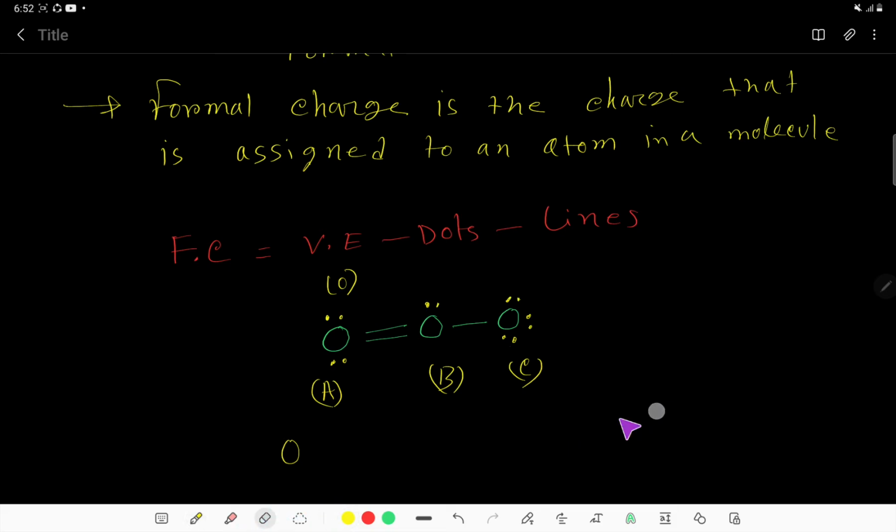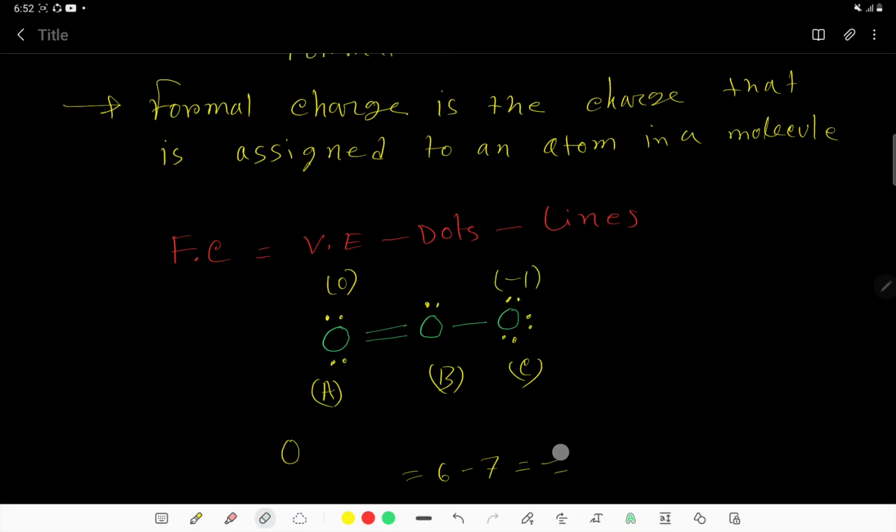Now let us find out the formal charge for oxygen C. The number of valence electrons in a neutral atom of oxygen is 6, minus dots here 6, minus line here 1. So 6 minus 7, that is minus 1. So the formal charge for this oxygen is minus 1, right?